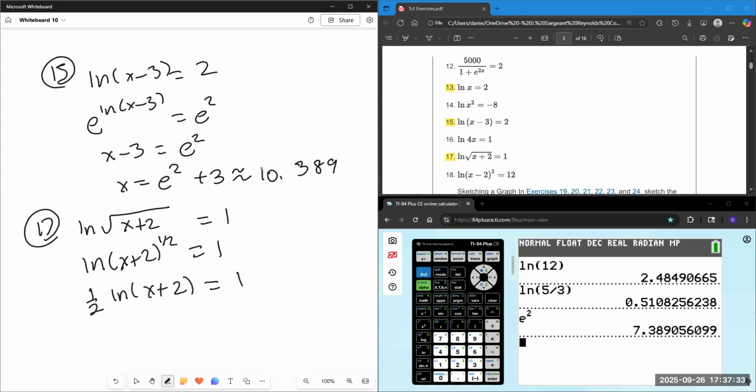And I'm going to multiply by 2 to get rid of the fractional coefficient. And then we have e to the power of and e to the power of. So x plus 2 is equal to e to the 2. So x is equal to e squared minus 2. Coming back here, x is approximately 5.389.